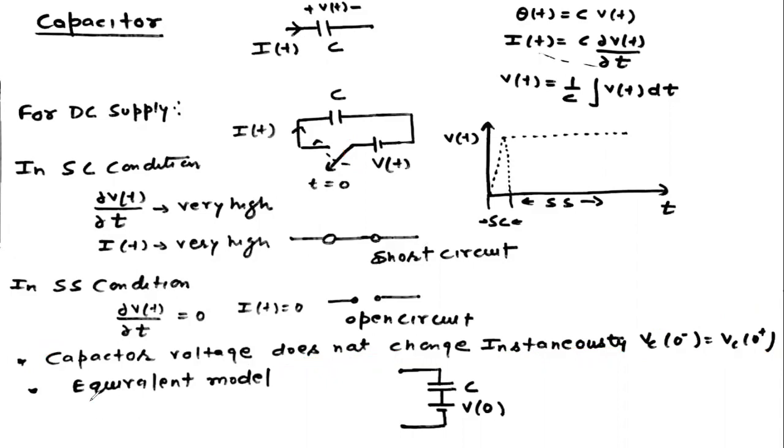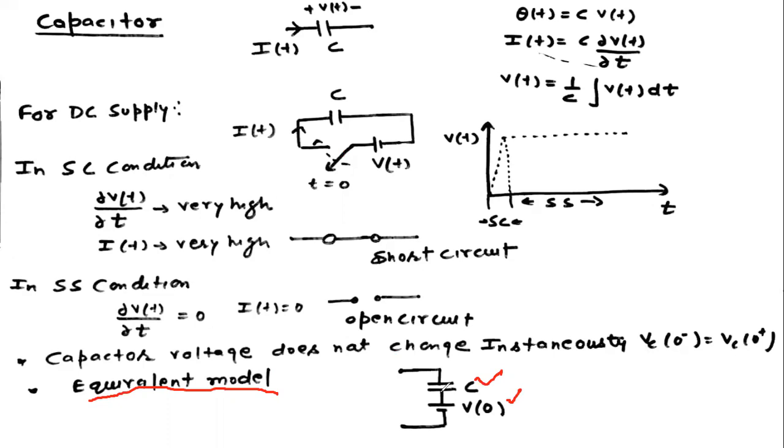Next is how the equivalent model of the capacitor is represented. The equivalent model is represented by the capacitor C in series with a switching voltage, because we have changed the value at t equal to 0. So here we have represented it as v(0).